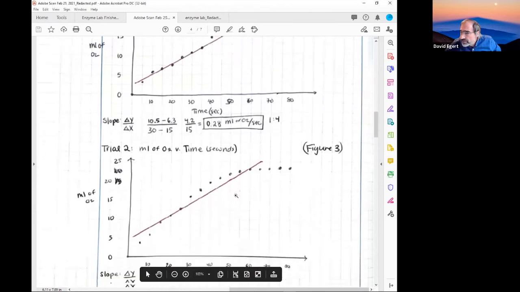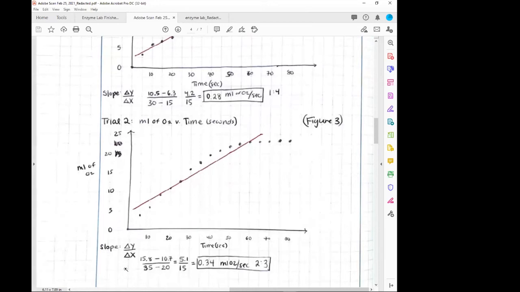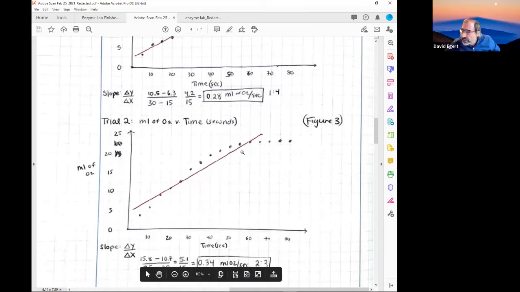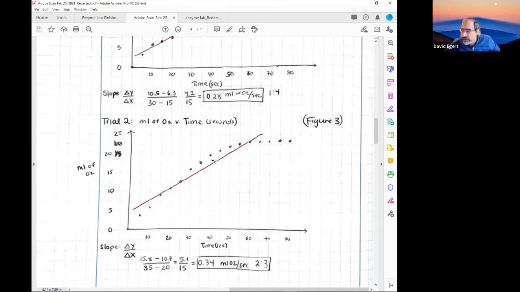This one, if you take a look here, is similar to what I was talking about with the last one, right? If you look at this line, it's really not going along when the reaction is really rolling along. It's like a teeter-totter. The top is leaning down towards where it's dead, and the bottom is leaning up away from where it's really rolling.